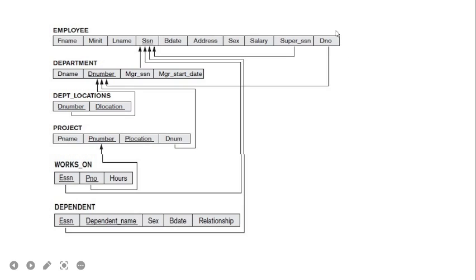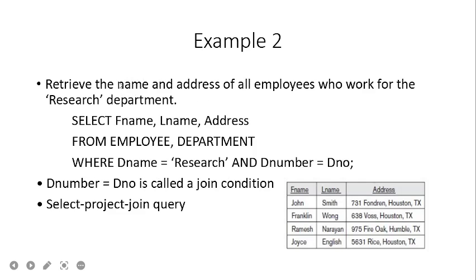We do not have the department name in the employee relation. So this query should take details from the employee and department relations. The query will be like this: select name and address.